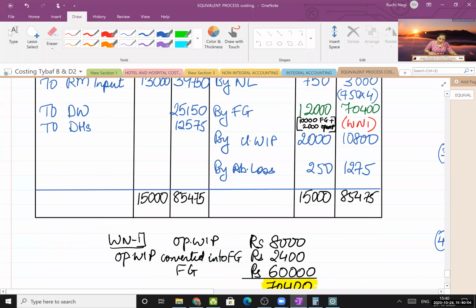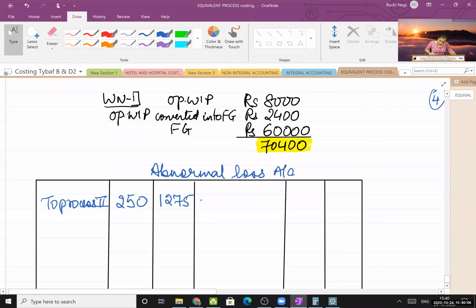Okay, ये हो गया. Then you assume it to be sold in cash. I hope if you remember your SY BAF. Yeah, assume it to be sold in cash. कितना 250. But at which value? Obviously scrap value. Okay, so 250 into 4. 250 into 4 is the scrap value. तो कितना आएगा 1000. Okay, that's it.